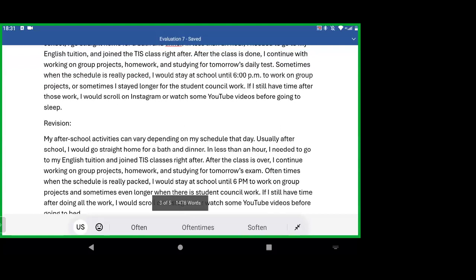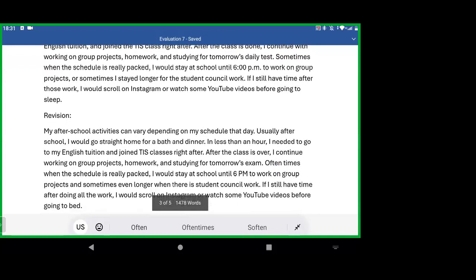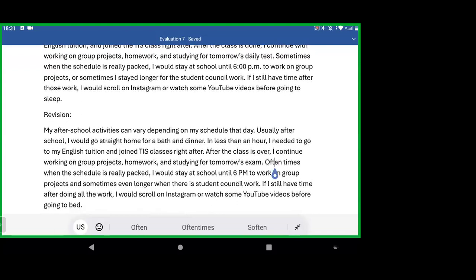Okay. And then sometimes when the schedule is really packed, I would stay at school until 6 p.m. to work on group projects, or sometimes I stayed longer for the student council work. Okay. So saying sometimes, we can vary that to oftentimes, but sometimes is also correct. It has a different meaning, oftentimes and sometimes.